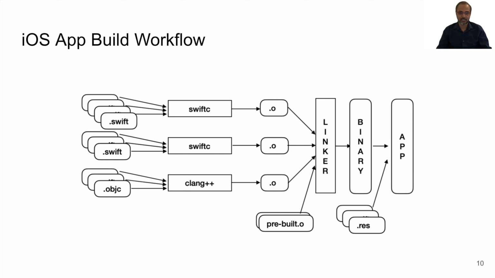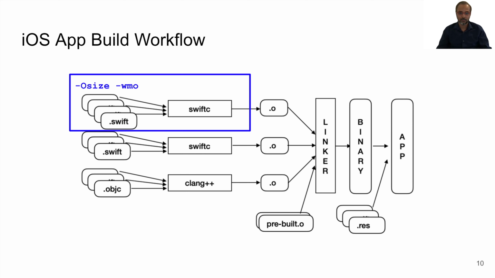The final app itself may contain other resources such as media. For each module, we apply the size and whole module optimization flags to reduce the app size. However, in this default workflow, one cannot do any inter-module or link time optimization. In fact, LTO was not possible in mixed language apps prior to our work.